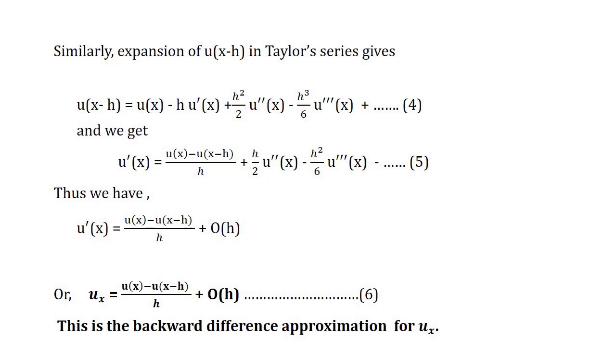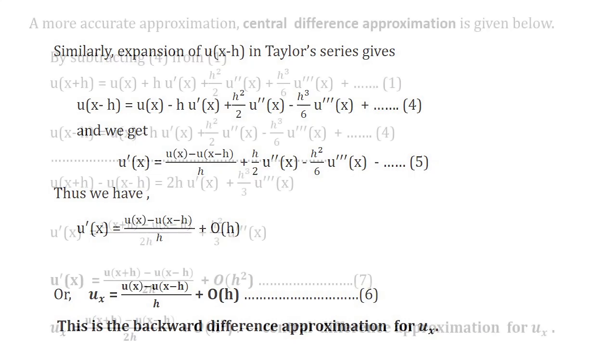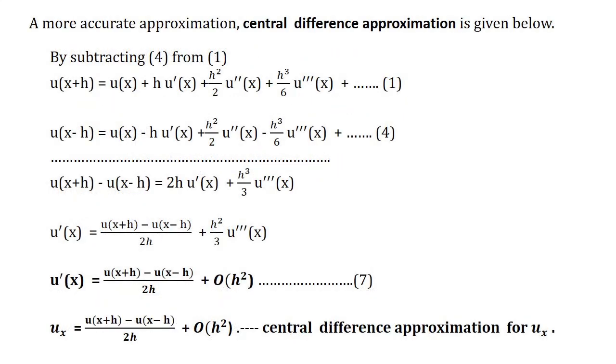Similarly, we get the backward difference approximation by expanding u(x-h) in a Taylor series. The intermediate steps are shown in this slide. A more accurate approximation, the central difference approximation for u_x, is also possible from the Taylor series as explained here.